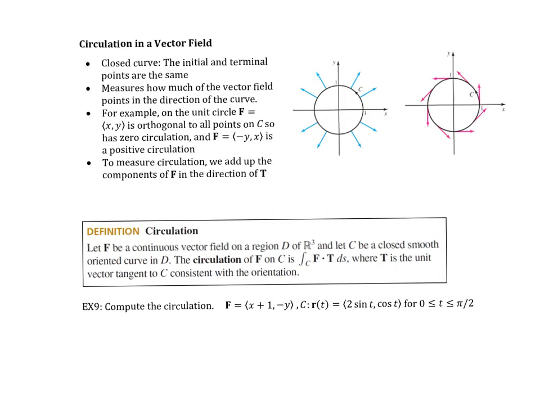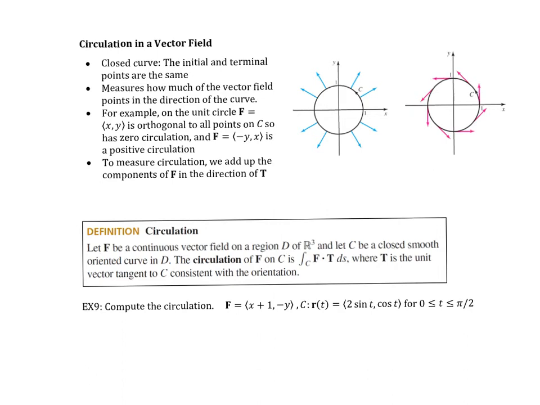If the circulation is 0, we can look at that as being either there's just as many positive as negatives, so they cancel each other out, or another common application would be, what if the vectors in the vector field are all orthogonal to our curve? And in that case, circulation would be 0. Now, when we measure flux, which is the second concept we're going to talk about here, what it's measuring is vectors orthogonal to our curve.